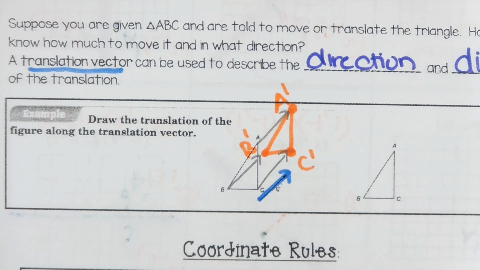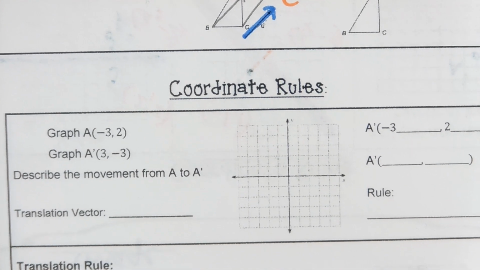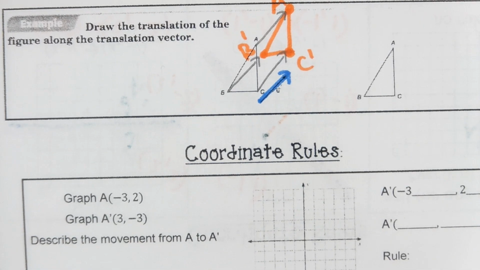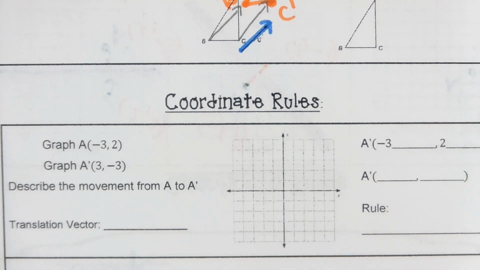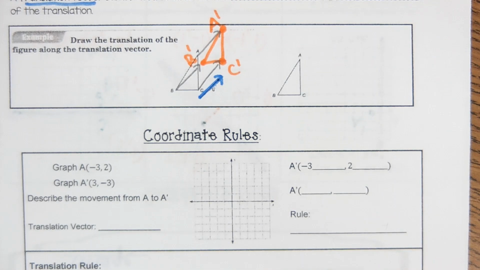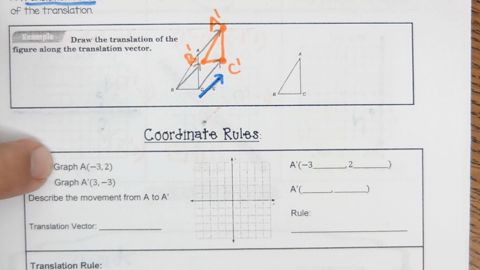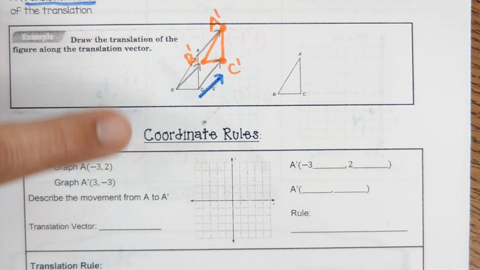Okay, so that would be visually exactly what we're doing, but what about with numbers? How will this look with numbers? Okay, so just like before, we're going to work with just one point, and then we're going to work with shapes after we get the hang of it and know all the rules. I'm going to zoom out a little bit because not all fitting. Okay, so here it says graph our original point A at -3, 2, and then A prime is at 3, -3.